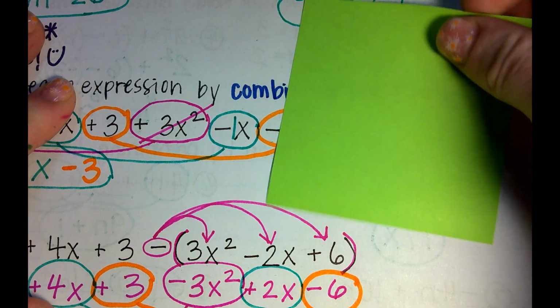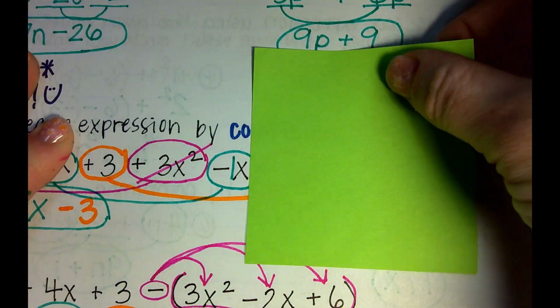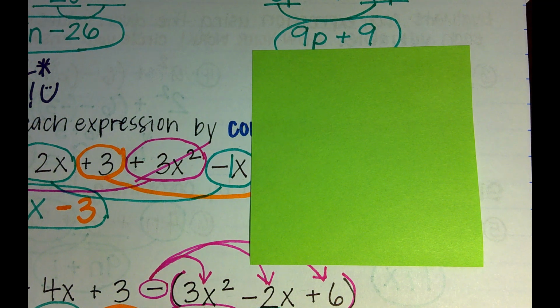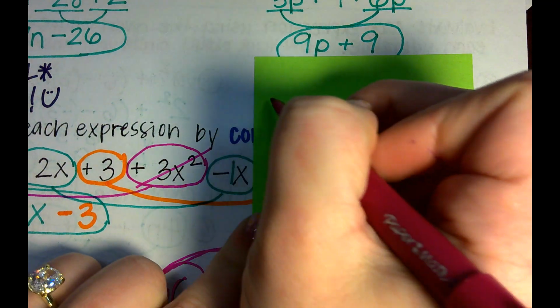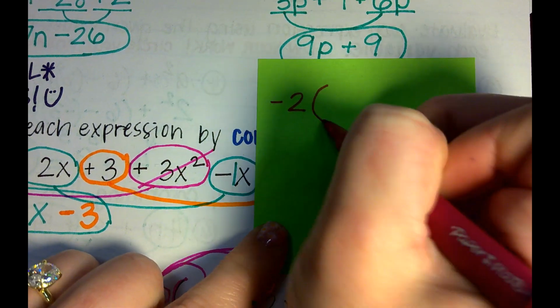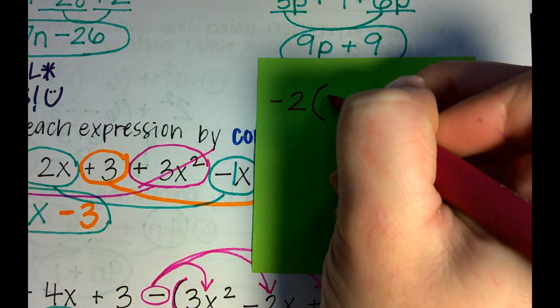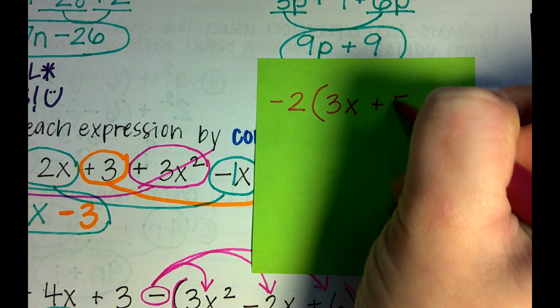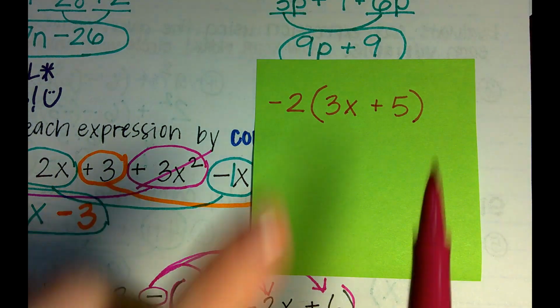Let me give you an example. So let's say I have negative 2 times 3x plus 5. Okay.